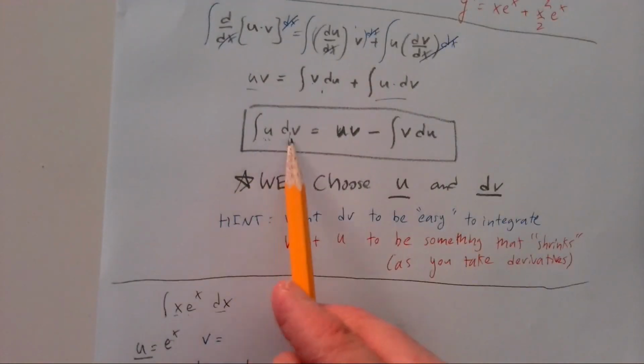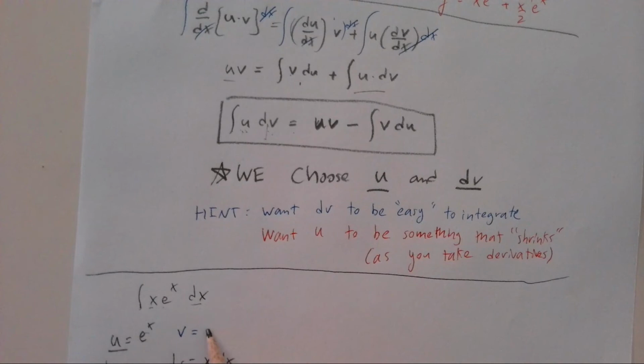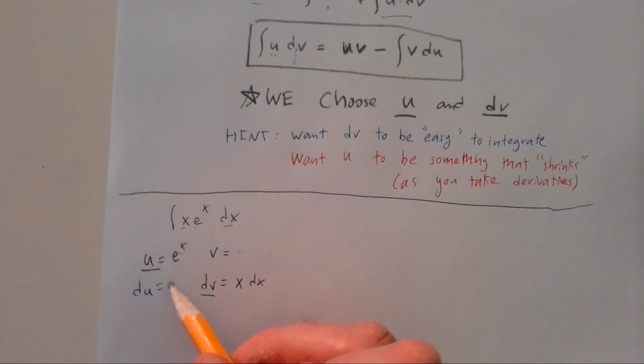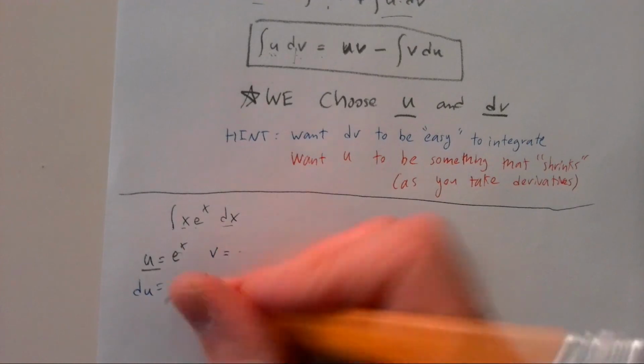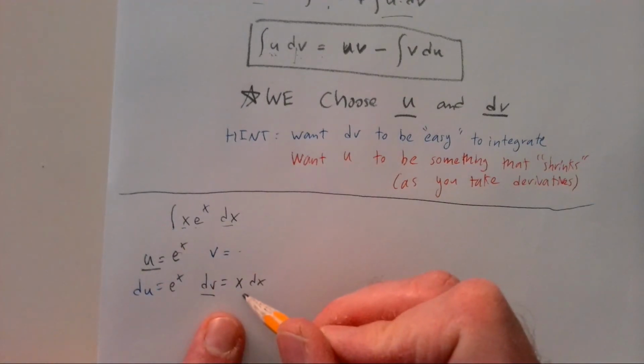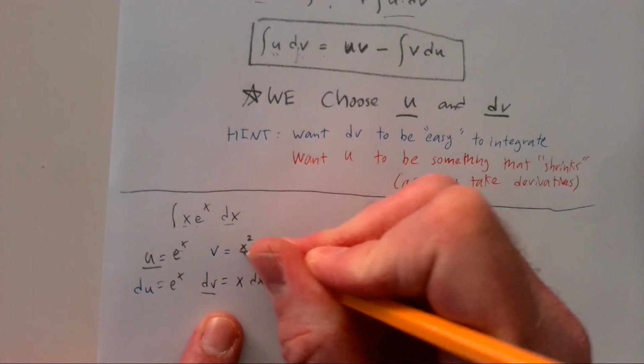I've got to have the pattern integral of u dv equals, okay, now I'll plug everything in. Or before I plug everything in, I need to figure out what is v based on what I chose for dv, and then what is du. Du, that's pretty simple. Derivative of e to the x, that's just e to the x. Now I need to do the integral of x dx. That's going to be x squared over 2.